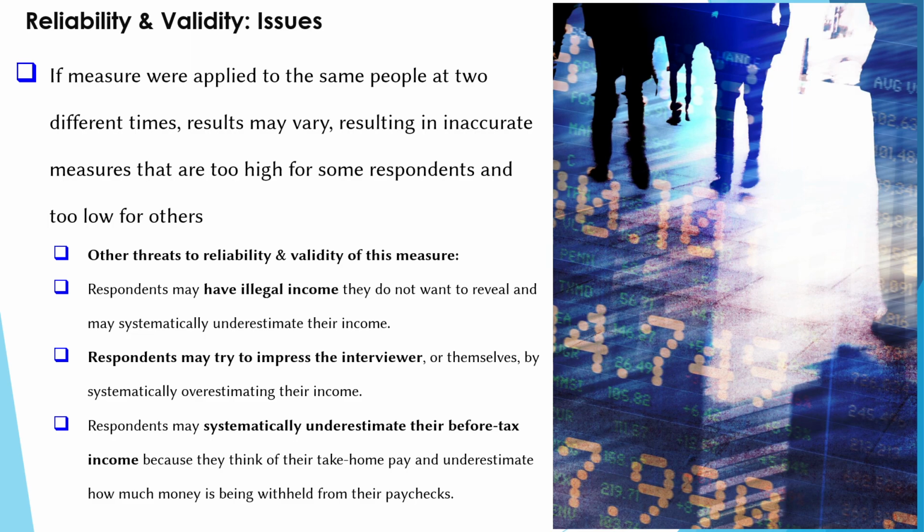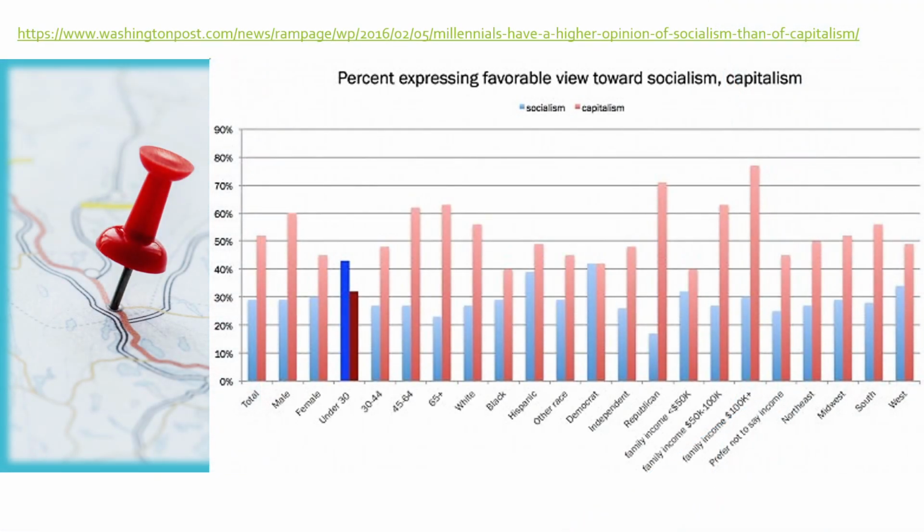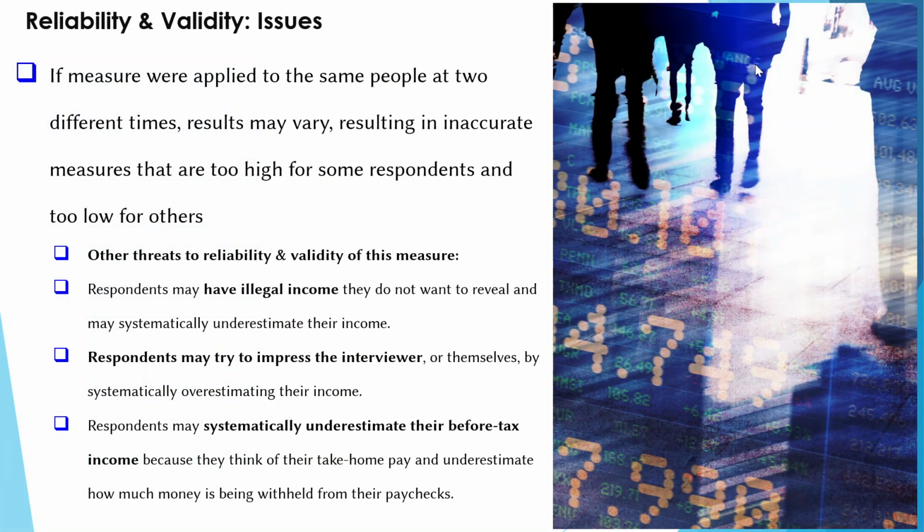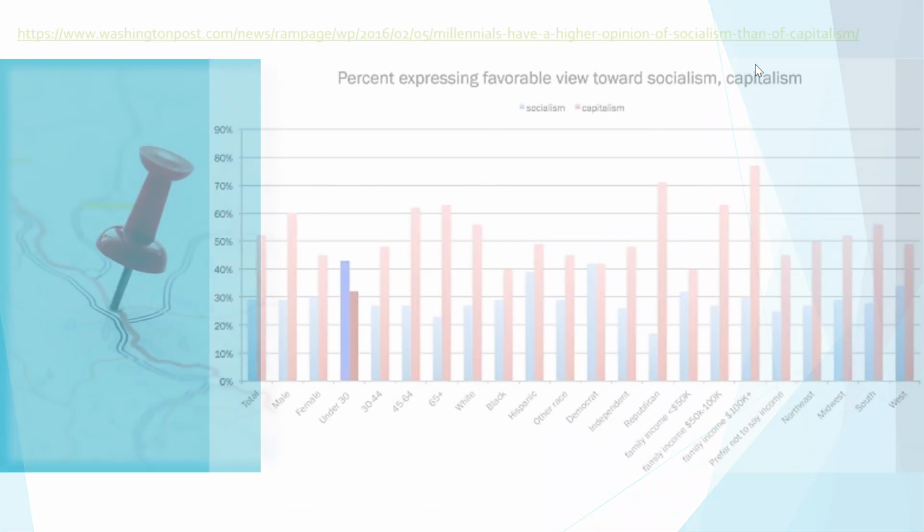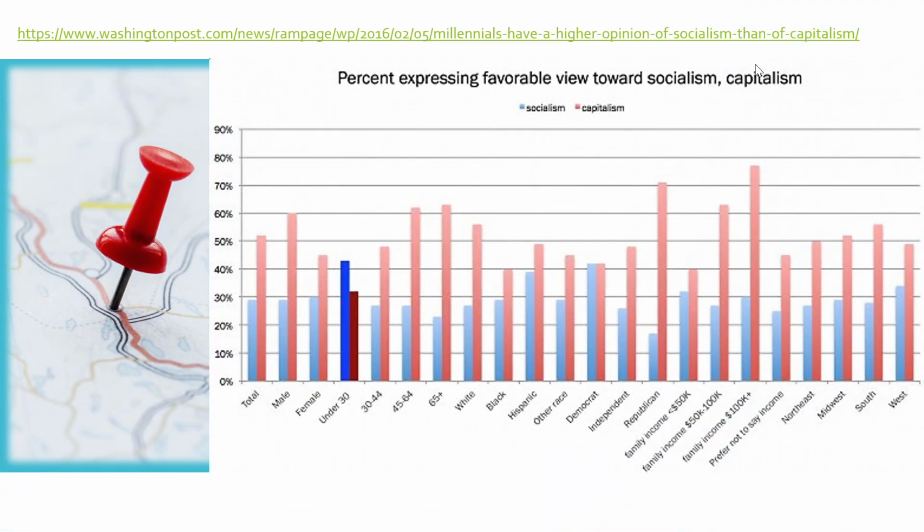For example, if you apply the same measure to the same people at two different times, what we call ecological interference, like growth changes, will make a difference in what you see. As I mentioned, not entirely legal income, or trying to impress the interviewer that you're making more money than you are. All of these are examples of threats, underestimation, those kinds of things.